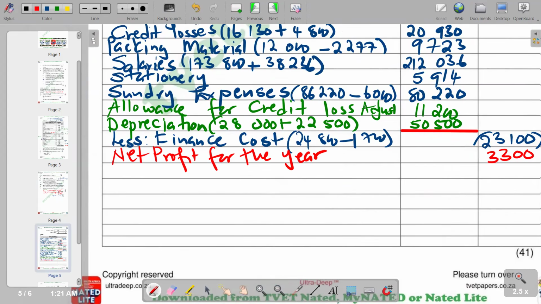So that is what we have on that part. And then we are supposed to check for other comprehensive income for the year, which we don't have in the question, to arrive at total comprehensive income for the year.